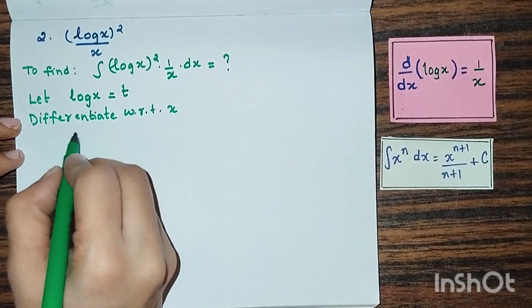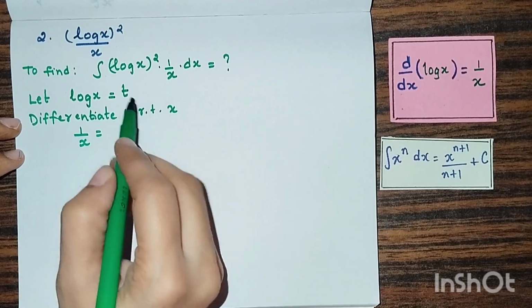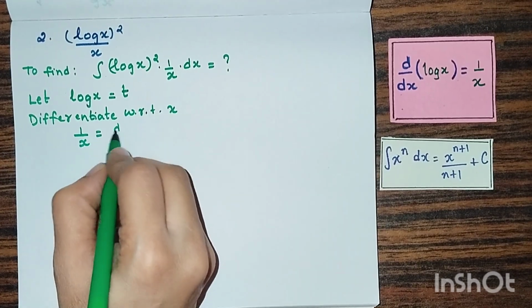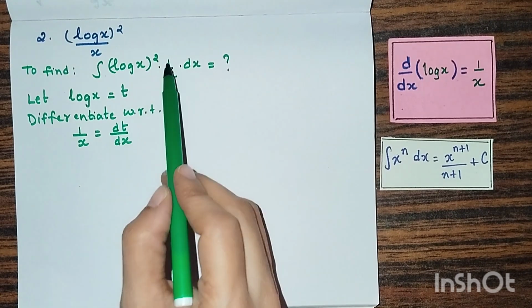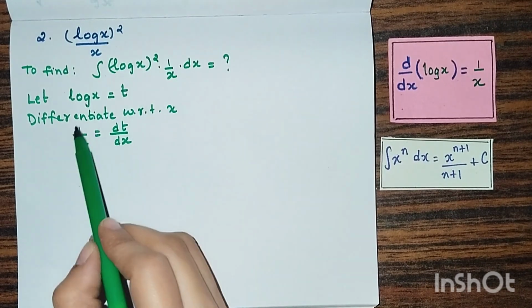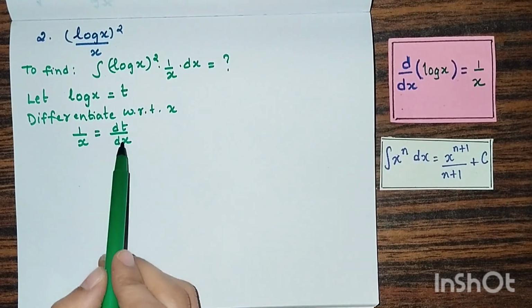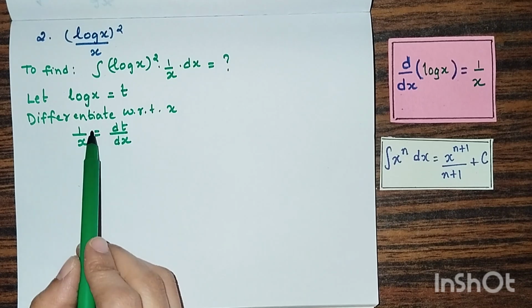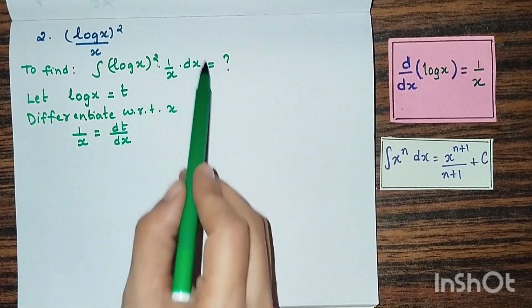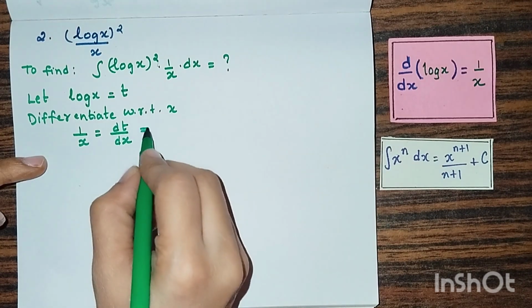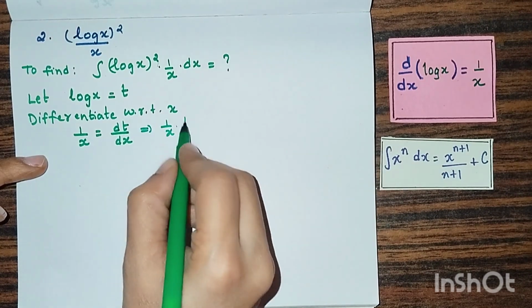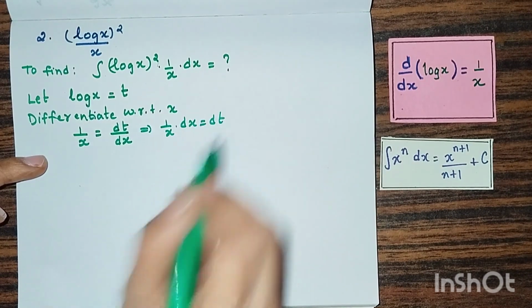If you differentiate log x, you will get 1 by x. If you differentiate t with respect to x, you will get dt by dx. So here we have 1 by x dx. If we multiply by dx here, then we can replace this entire 1 by x dx as dt. So 1 by x into dx is equal to dt.